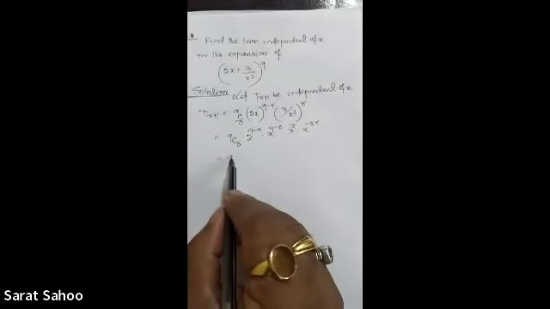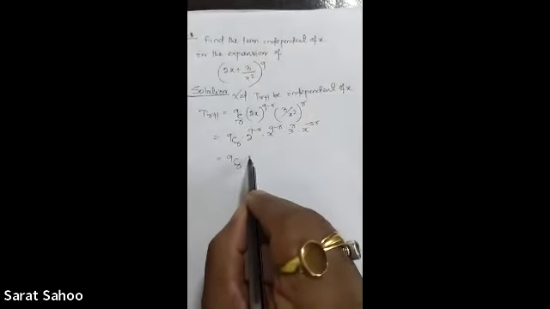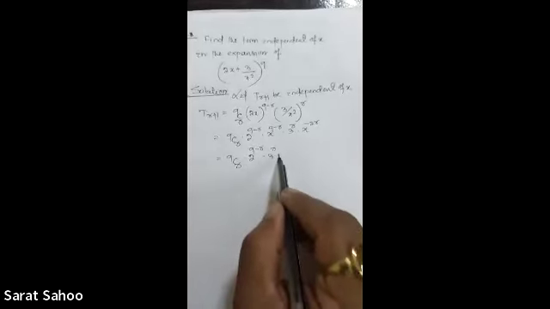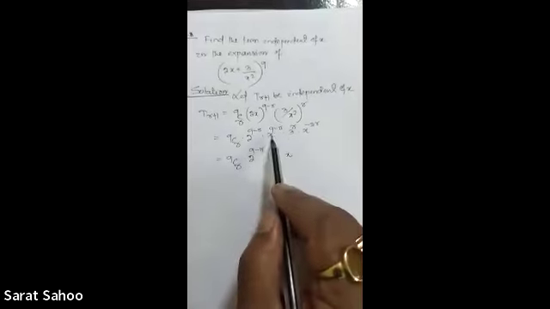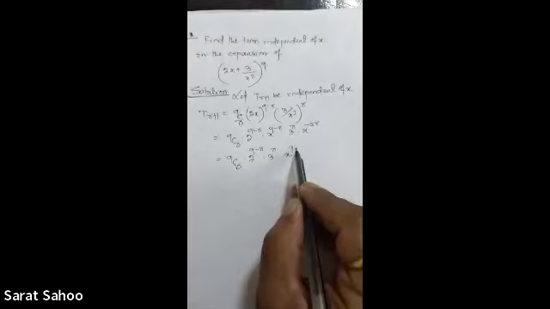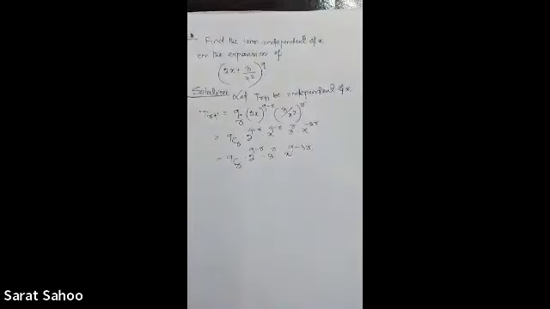This is equal to 9Cr 2 raised to the power 9 minus r, 3 raised to the power r, x raised to the power 9 minus r plus minus 2r, that will be 9 minus 3r.